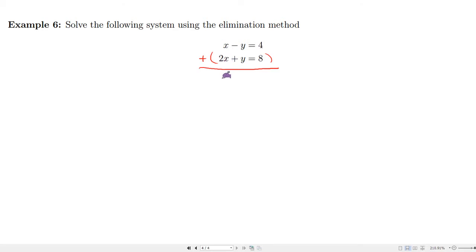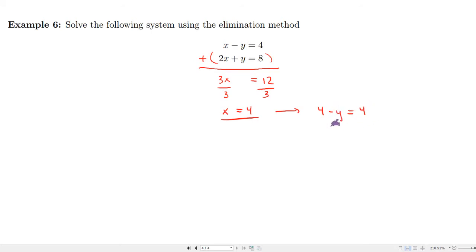So x plus 2x is 3x. The y's are gone because that's going to give us 0y, and then this will be 12, and then divide both sides by 3, and so we have x is equal to 4. So y, if you substitute this into the first one, we'll have 4 minus y is equal to 4.